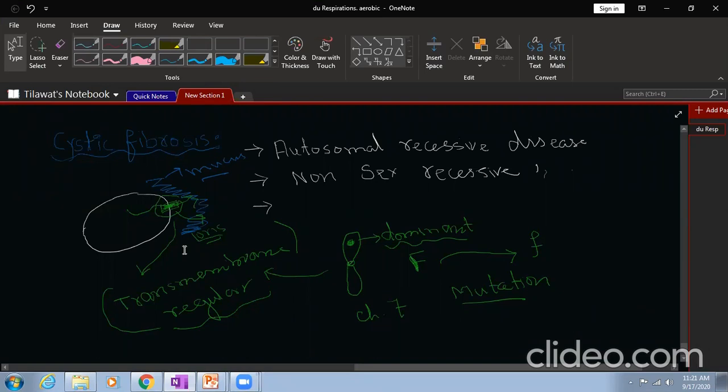Now, if no ion is getting out, what will happen? Outside, mucus accumulation will start. If mucus accumulates, bacterial growth can also happen in that place, and because of that infection will happen. So there are more chances of infection in cystic fibrosis.